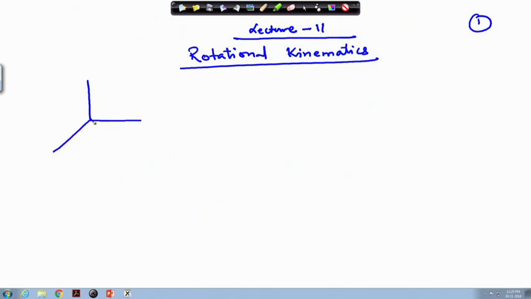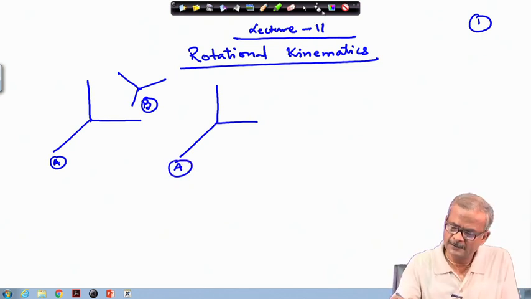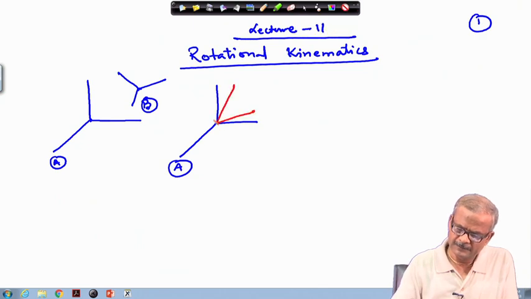Say I have a frame here which I write as the A frame, and another frame, the B frame. This B frame may be located at this point. The origin of both of them we can locate here. Maybe we can show it like this. This is the A frame, and the B frame looks like this.